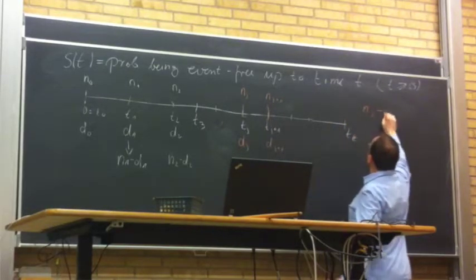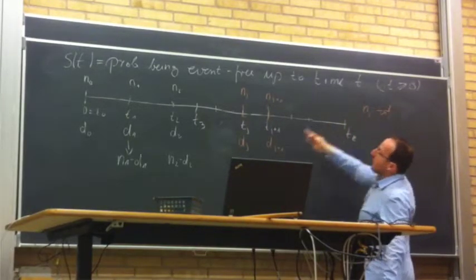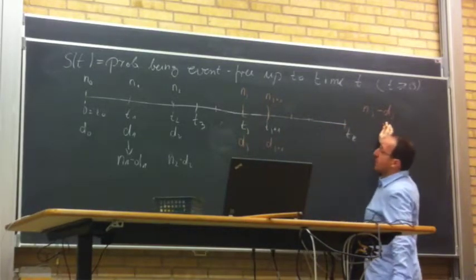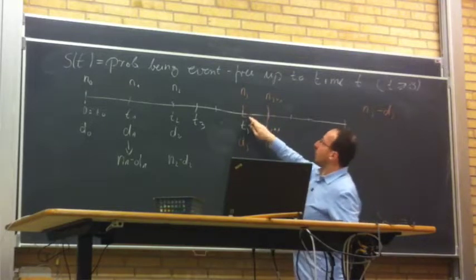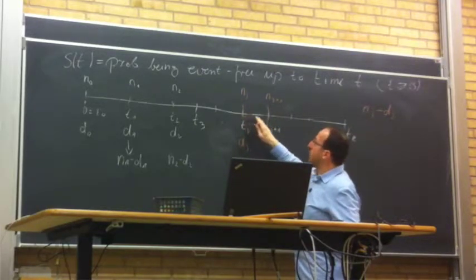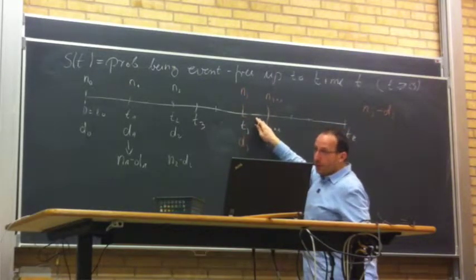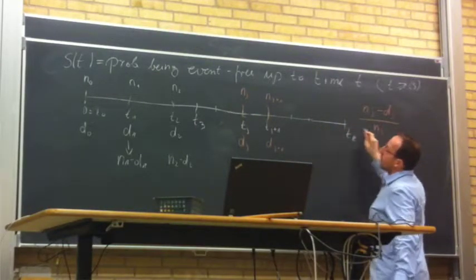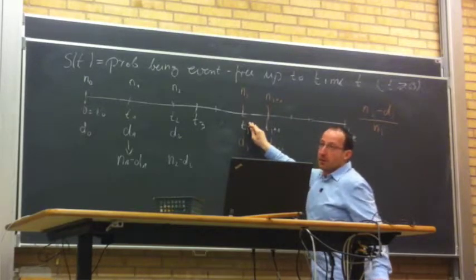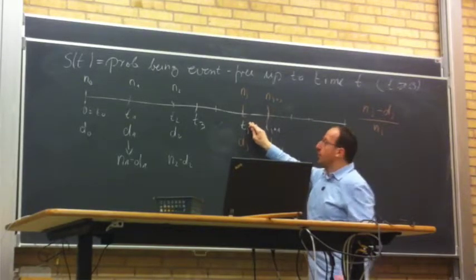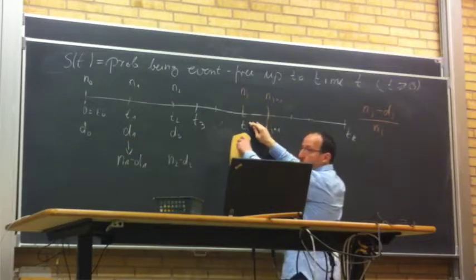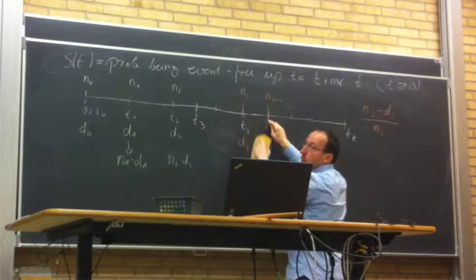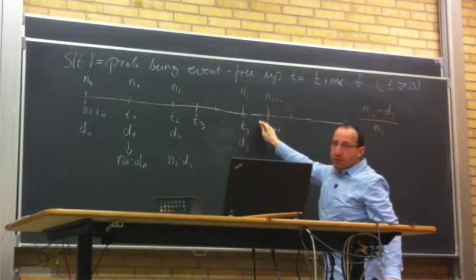Nj minus Dj. At the beginning of this time point, we have Nj minus Dj subjects who are under risk to experience an event of interest, divided by the total number of subjects under risk at the beginning of this time interval. Because you forget what is before, and you're only interested in this interval concerning survival probability of being event-free during this interval.